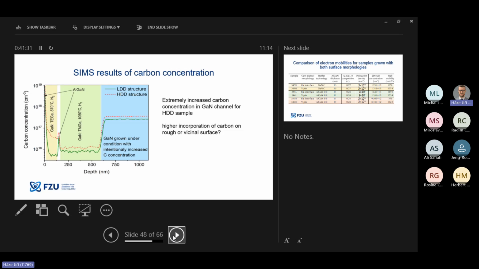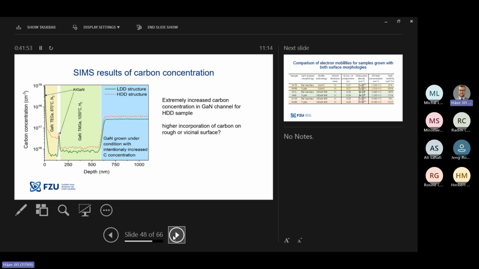Here is the channel region. Here is the AlGaN back barrier. Here is the AlGaN main barrier. So somewhere here should be the electron gas. This is caused by the deterioration or the change of the signal.